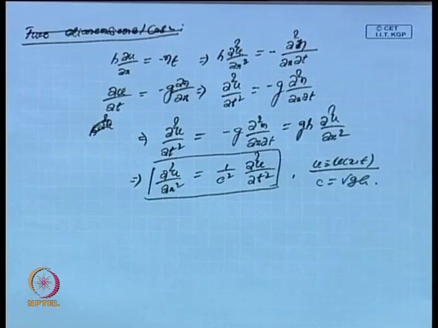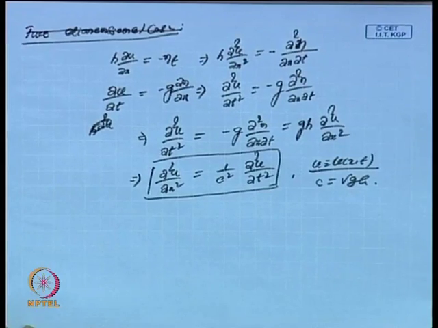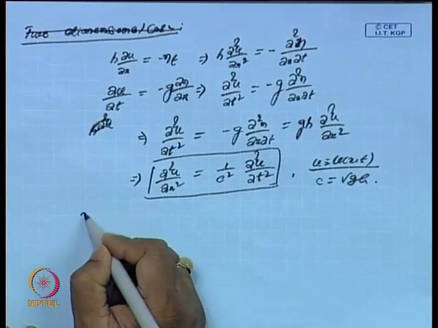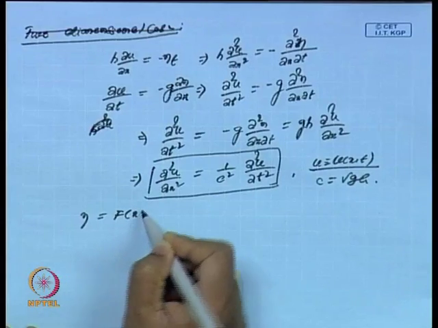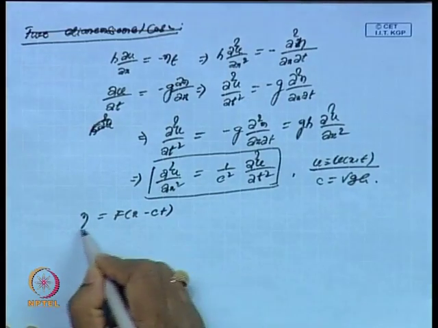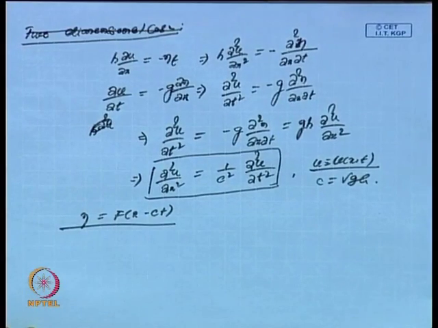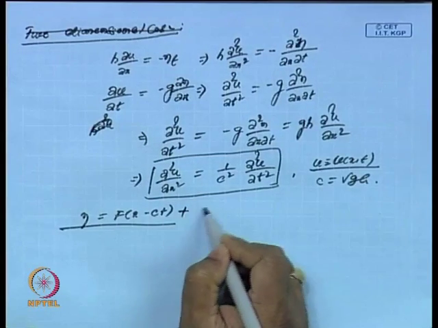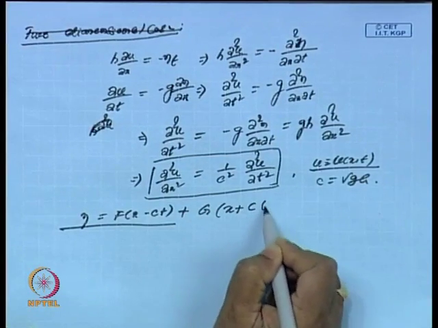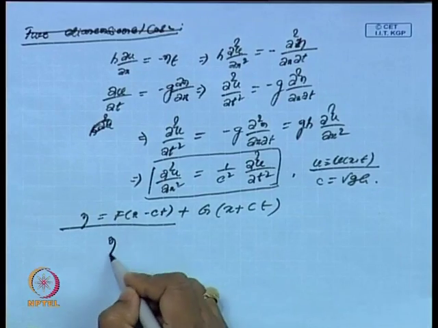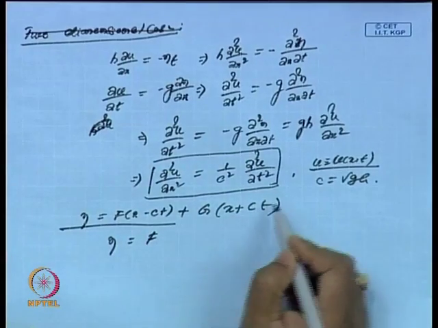Now, with this understanding, if we move a little more, suppose I have given a wave, if I start with eta as a function f of x minus c t, because we know the general form of eta is f of x minus c t plus g of x plus c t.